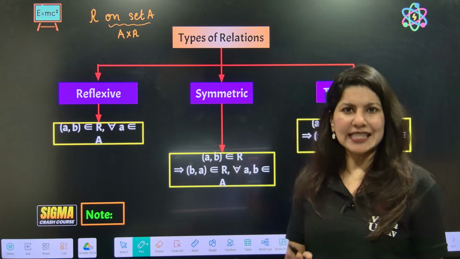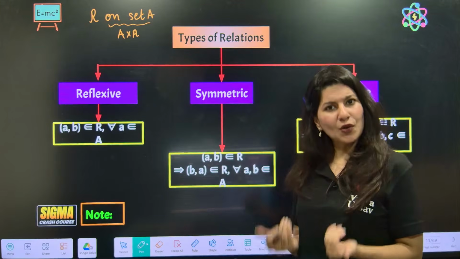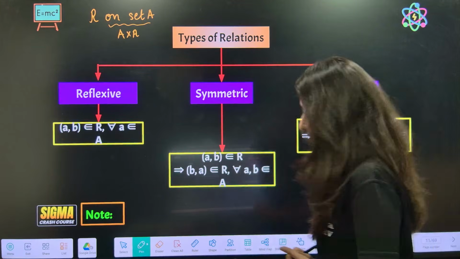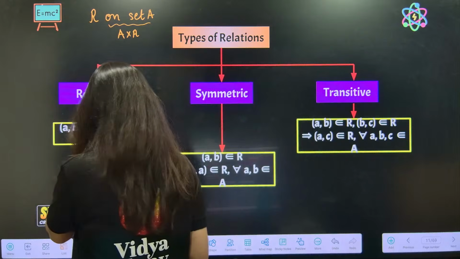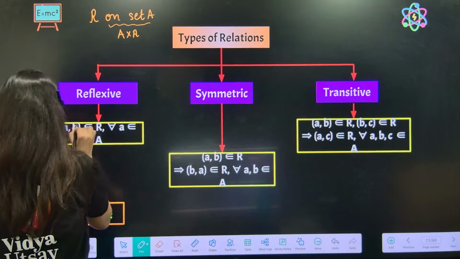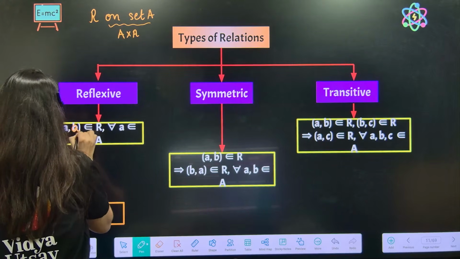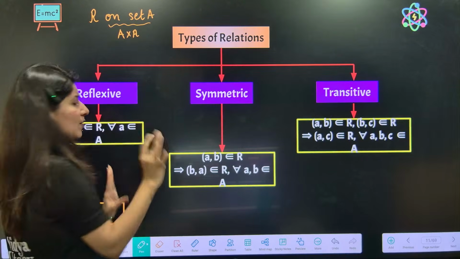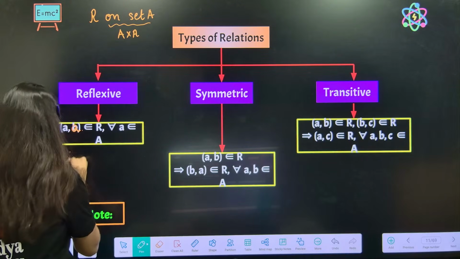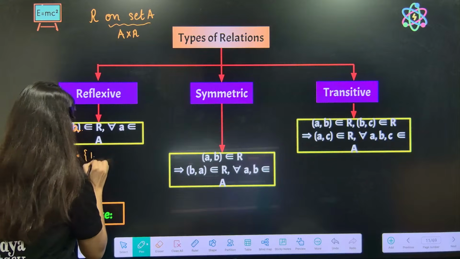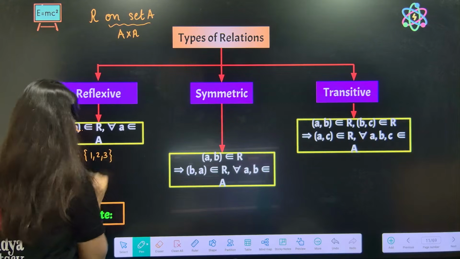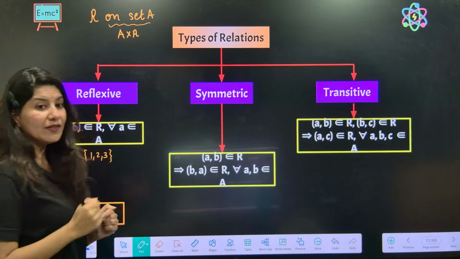If you're not getting anything, don't worry, we'll solve problems and you will get the answer. Now, what is a reflexive relation? I am going to tell you in easy language. Suppose your set A is 1, 2, 3 and you want your relation to be reflexive.